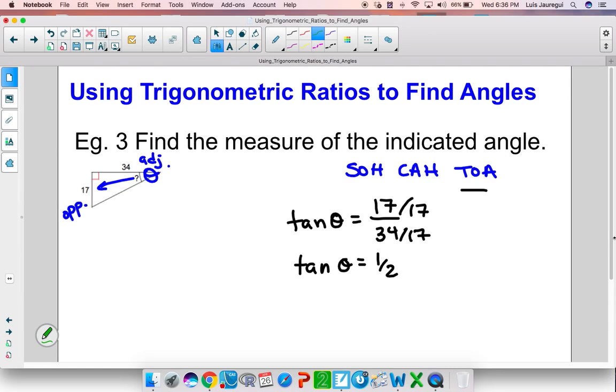Now, how do we undo the tangent? Well, just as we did in the previous examples, we will undo that by taking the inverse of it. So let's take tangent inverse of tangent of theta on both sides of the equation. Let me take tangent inverse on this side as well.